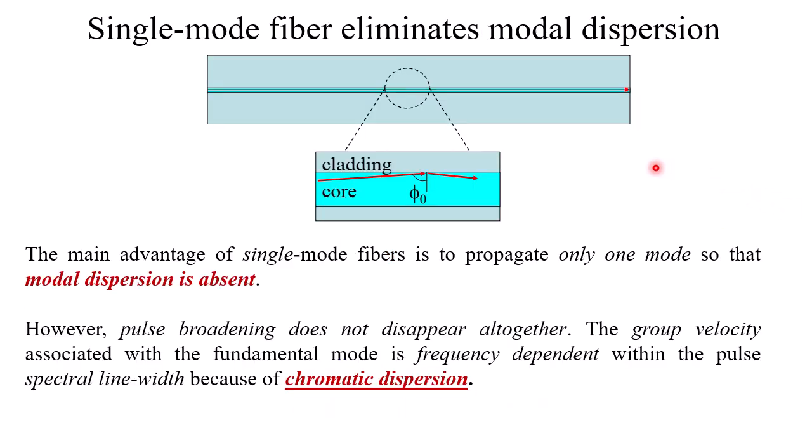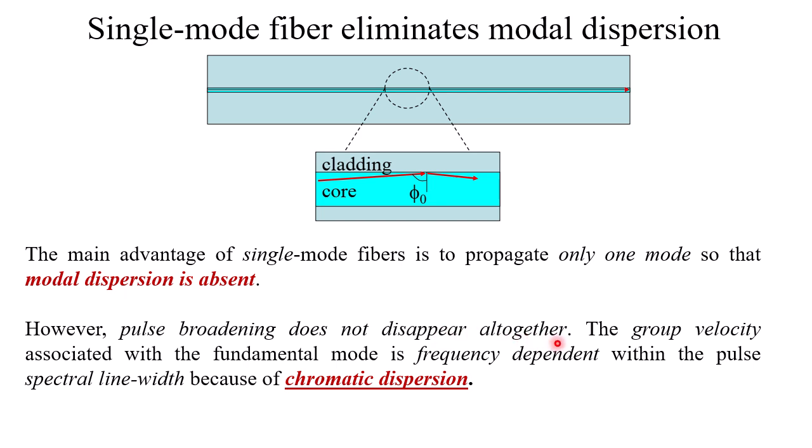For single mode fiber, what will happen to the modal dispersion? It allows only one mode to propagate. So the main advantage of single mode fiber is that it propagates only one mode, so modal dispersion is absent. But does it mean that, since there is no modal dispersion, the single mode optical fiber is free from dispersion? The answer is no. The pulse broadening does not disappear altogether.